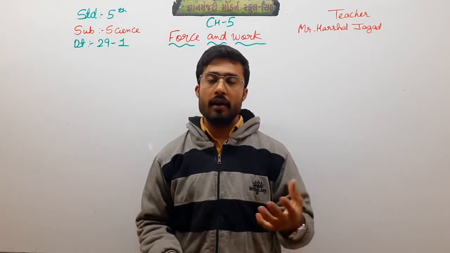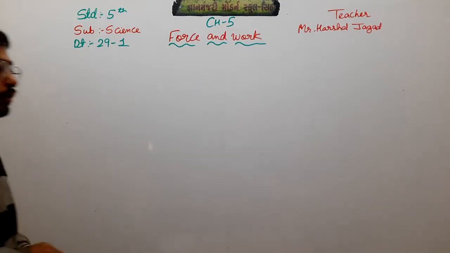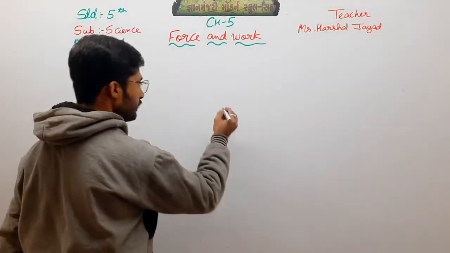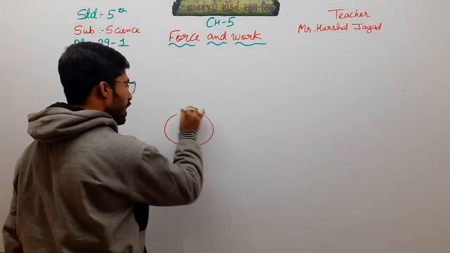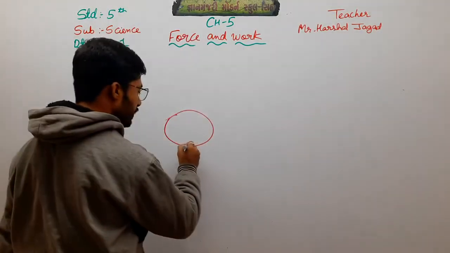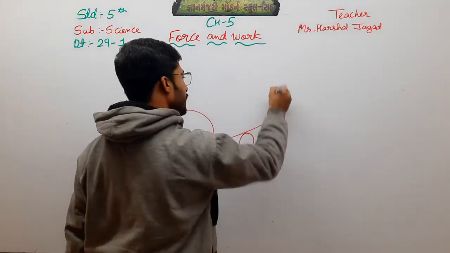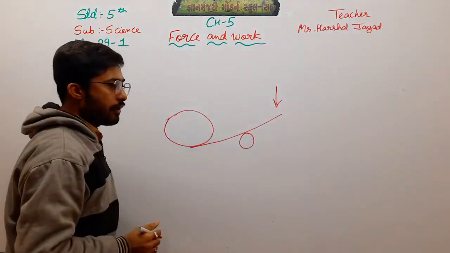So first of all, what is a lever? If there is a stone over here and we have to move that stone, then we put a bar under it and apply effort over here.